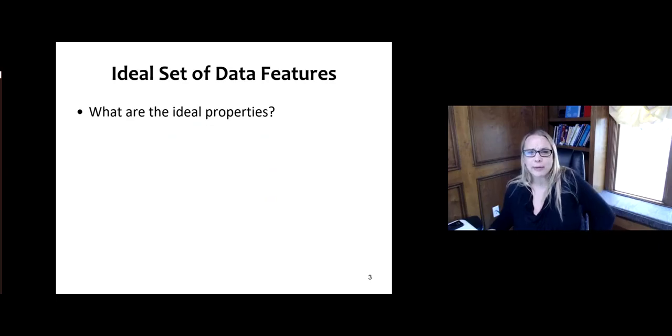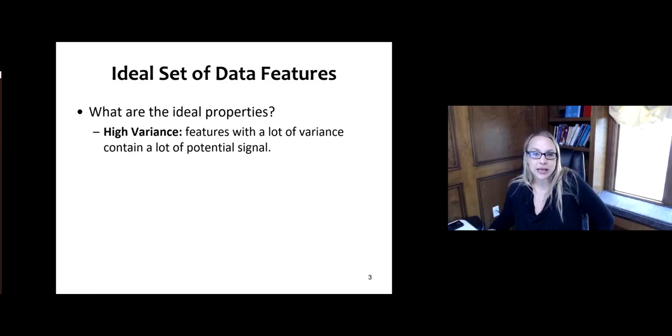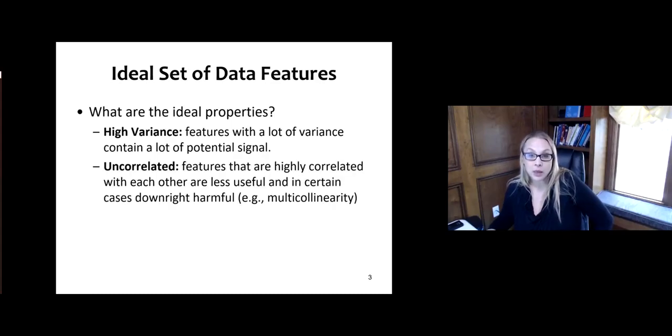So let's talk about what makes an ideal set of data features. You want data features that have high variance. Features with a lot of variance contain a lot of potential signal and can be useful in our prediction problems. You want these features to also be uncorrelated.